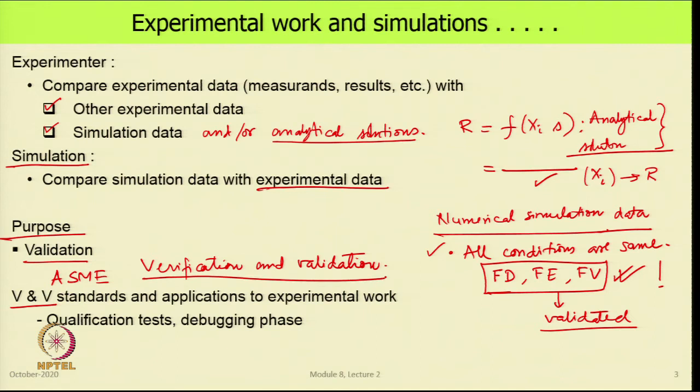These are broad guidelines that govern the methods by which we assess the goodness of numerical simulations. So, if you are doing a computer simulation, a numerical simulation, it would be good to look at what these standards say, follow that as best as possible and report how the outcome is.